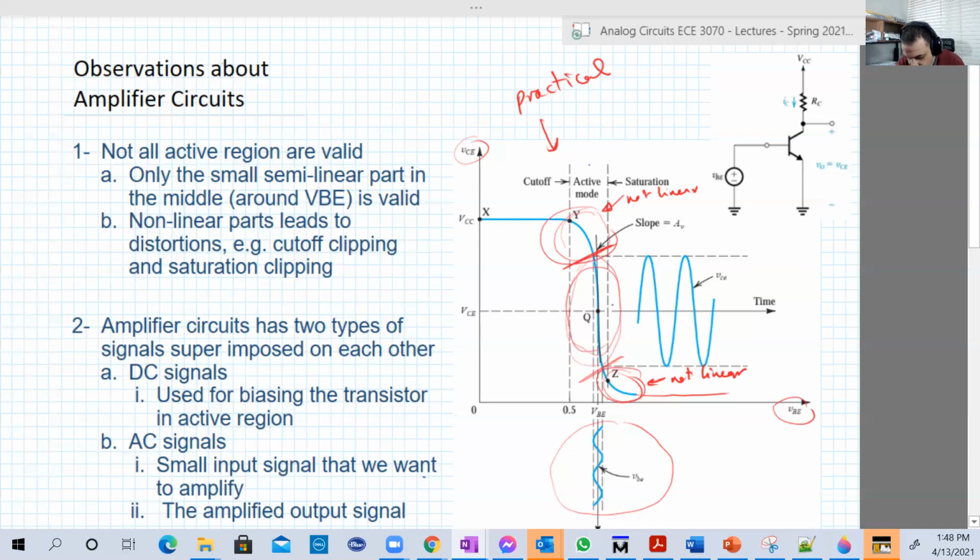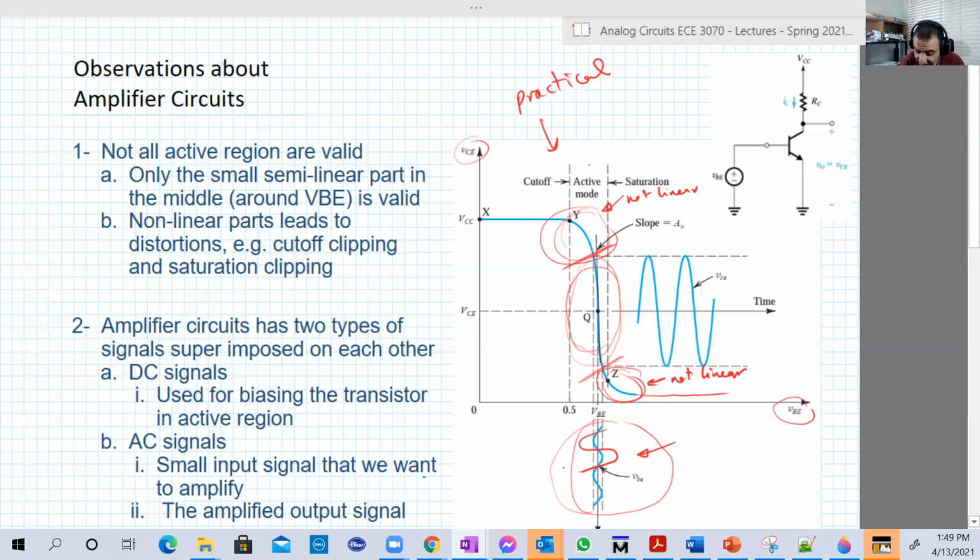Okay, and your V input as well must adhere to that range. It can't be big. If it was bigger than this, for example something like this, there will be a problem and we will see distortion, like what we saw last time. Either cutoff distortion or saturation distortion. Just review our last lecture to know that.